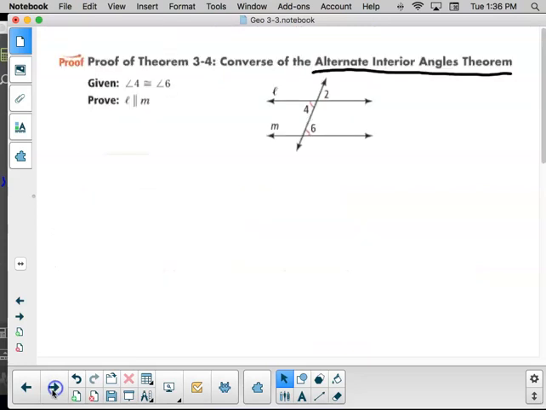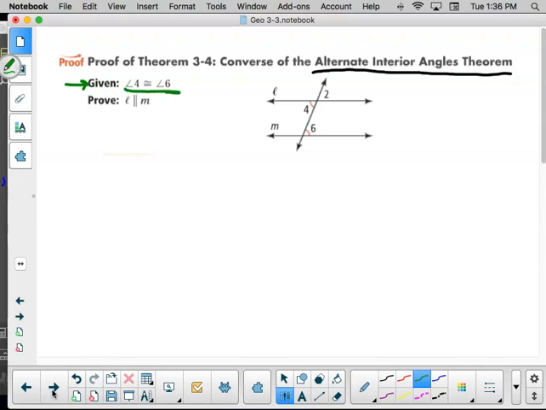Okay? So when I'm looking at this, I'm going to take my given in pieces to help me combine to make my proof. Okay, and I'm going to show you it in a flowchart format. But what I always got to look at is I got 4 and 6, and I know 4 and 6 have alternate interiors. And I'm going to be real honest.